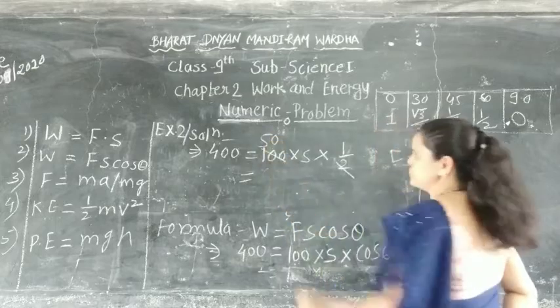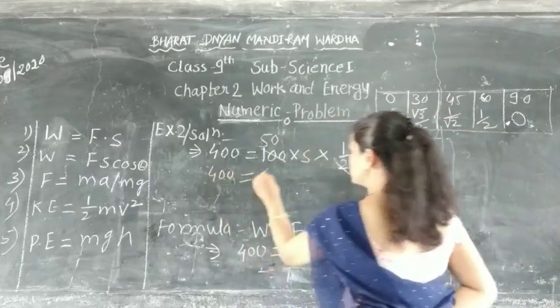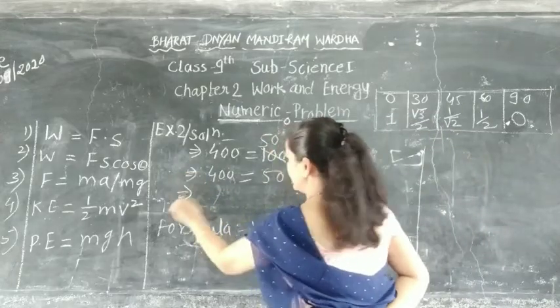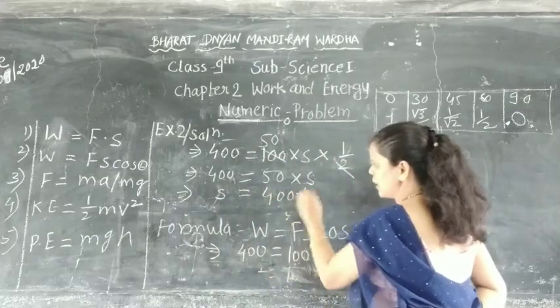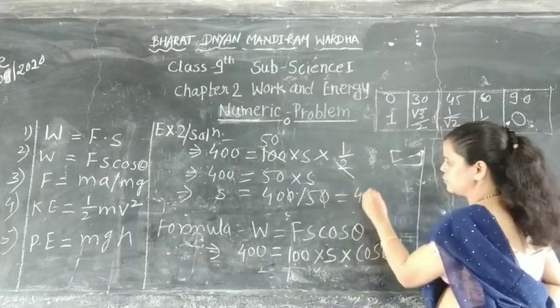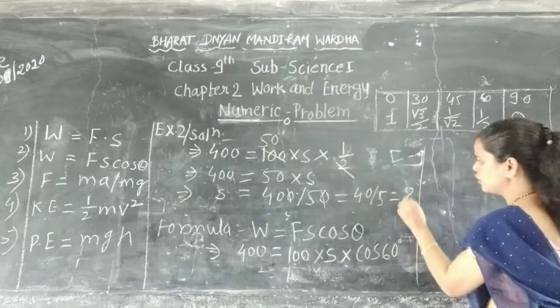100 upon 2, that is 50. Then we have 400 equals 50 into S, or S equals 400 divided by 50, or 40 upon 5, or 8.